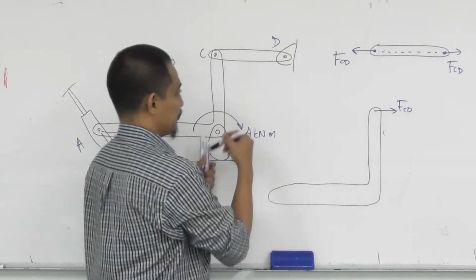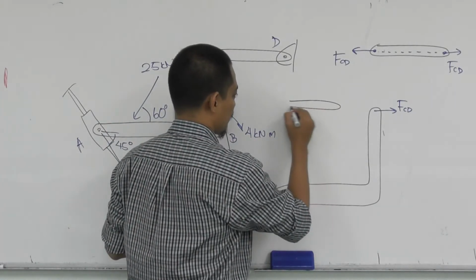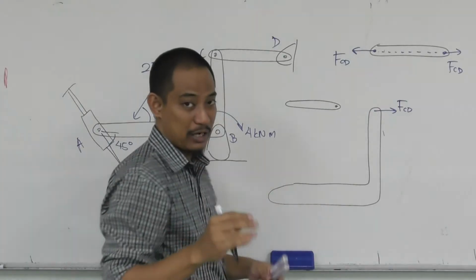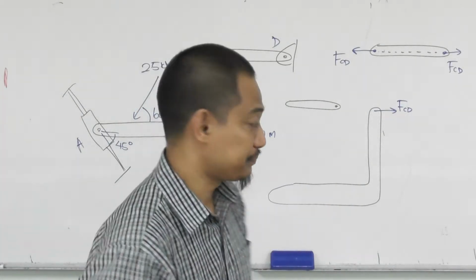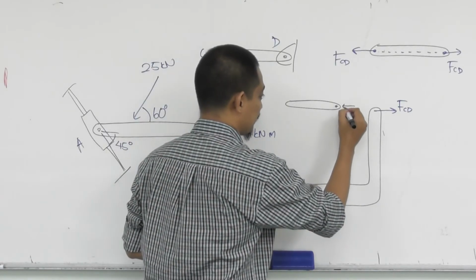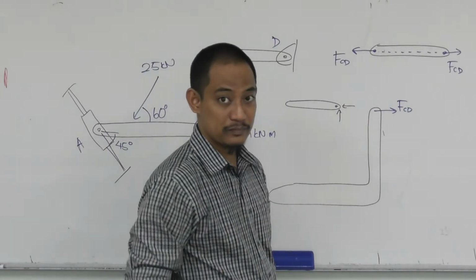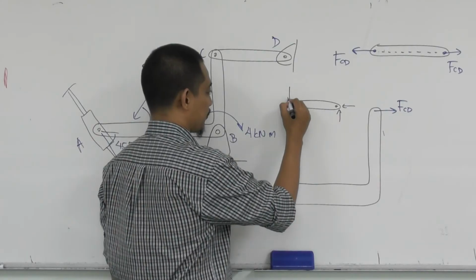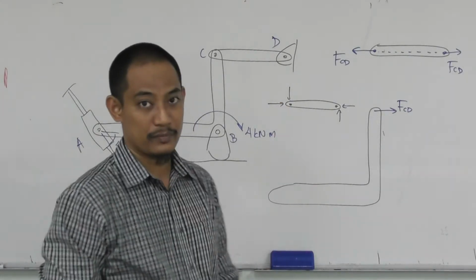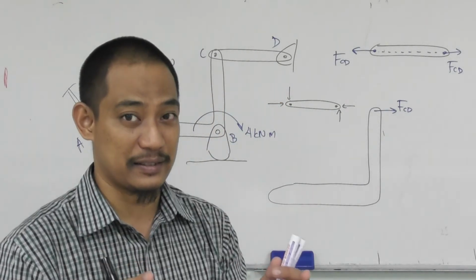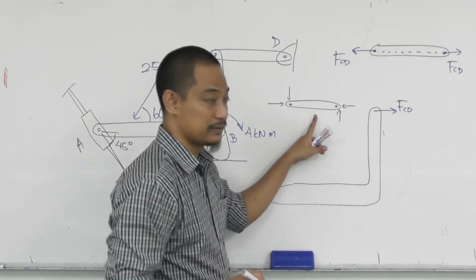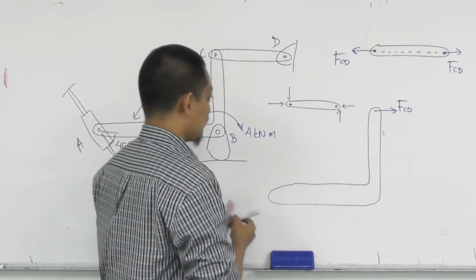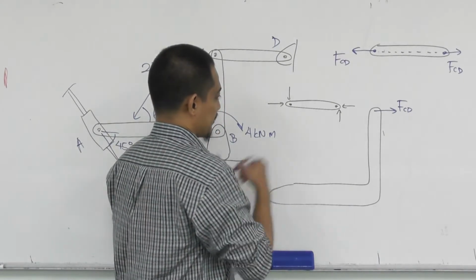So if you draw actually these two at pin here, we have learned how to draw the separation of a pin. You have x component, y component, right? Similarly here, you have x component, y component, right? So originally it's like that. However, because this is a 2 force member, we know for sure that the force should be along this line.